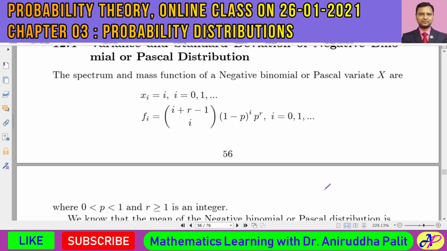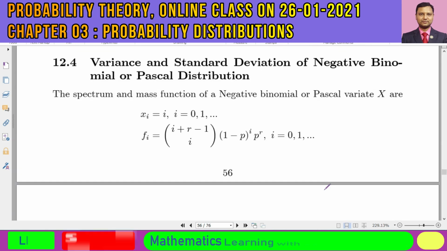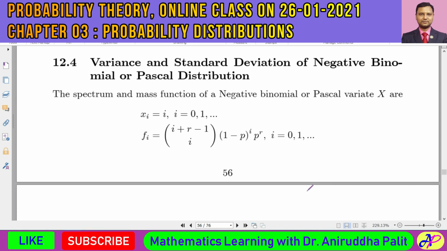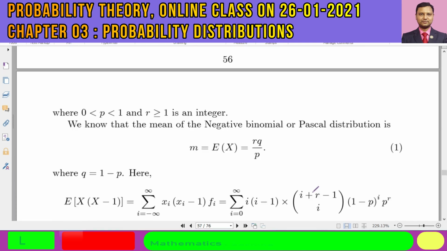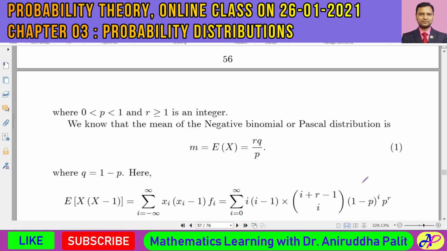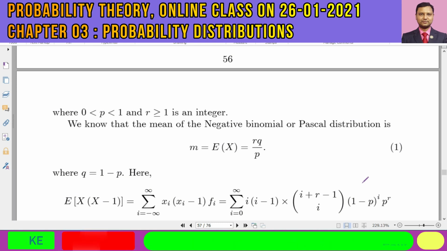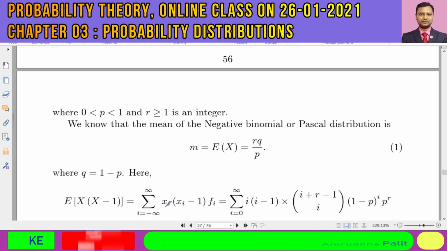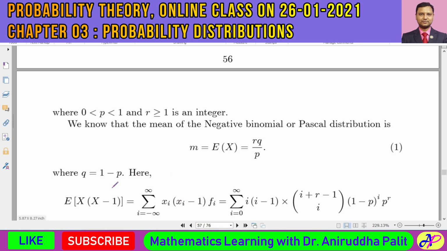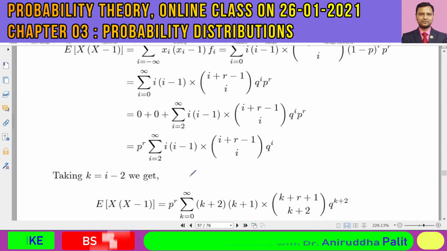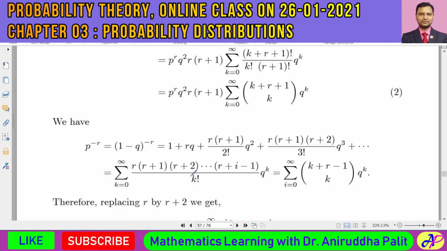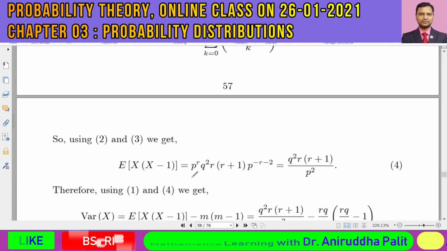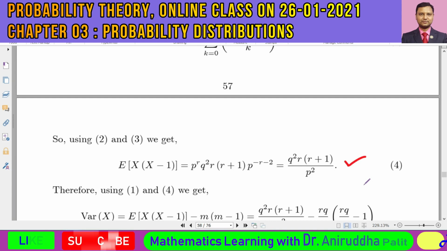All right. Now, I am leaving this deduction for the Pascal distribution, or negative binomial distribution, for you. Over here you can find the expectation of x into x minus 1, and after computation you will find that this expectation is equal to this expression, q square r into r plus 1 by p square.